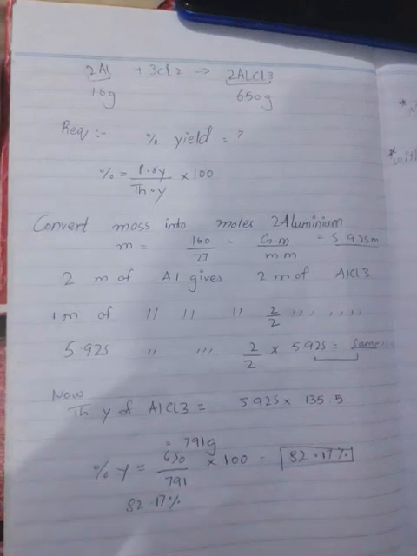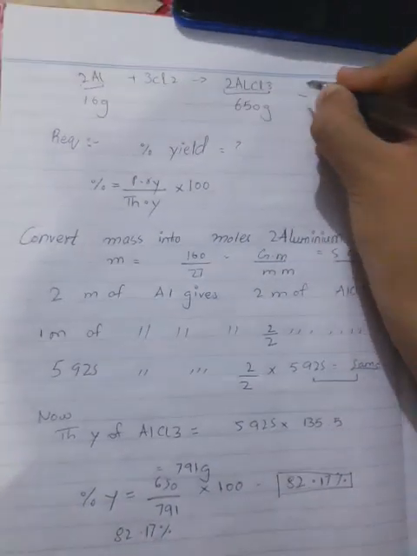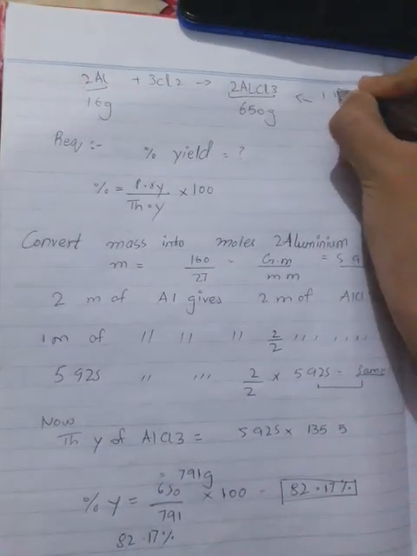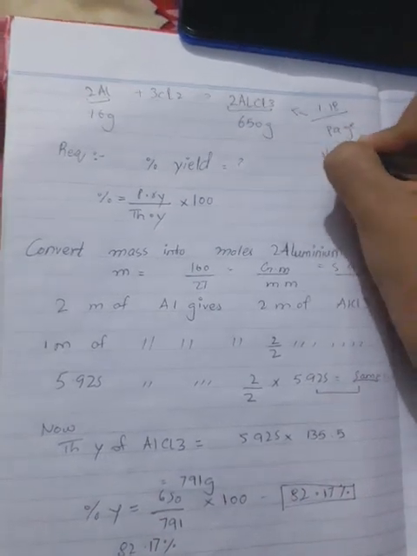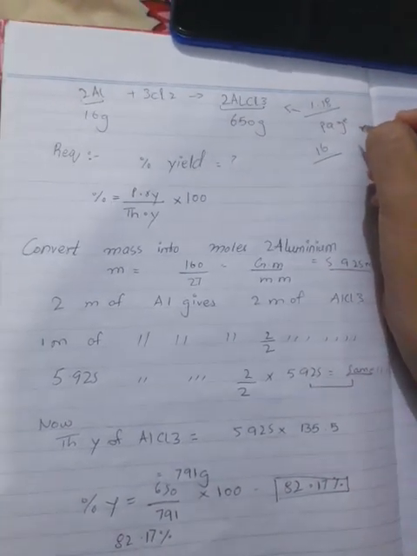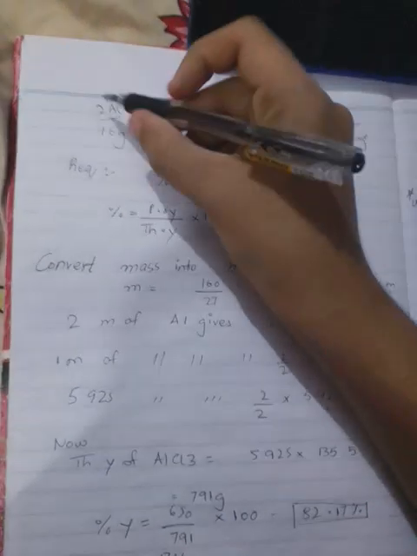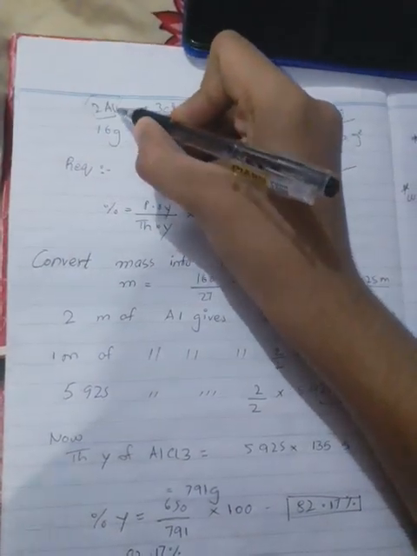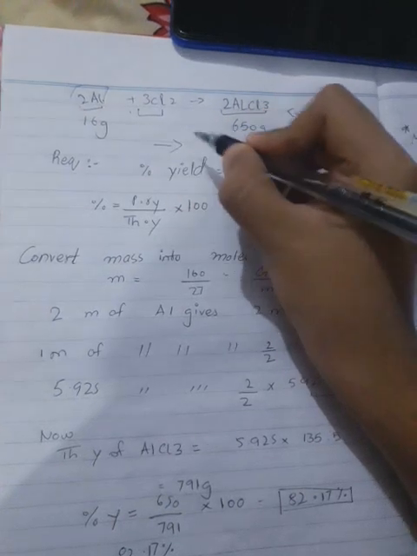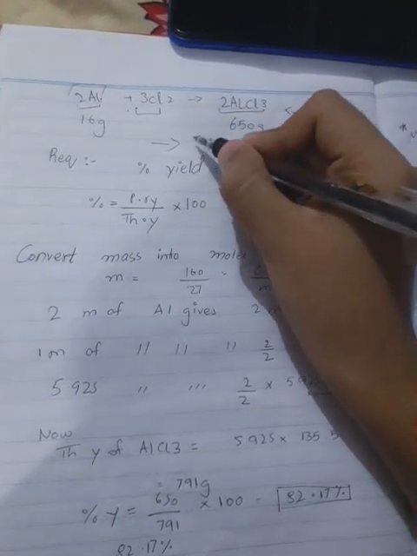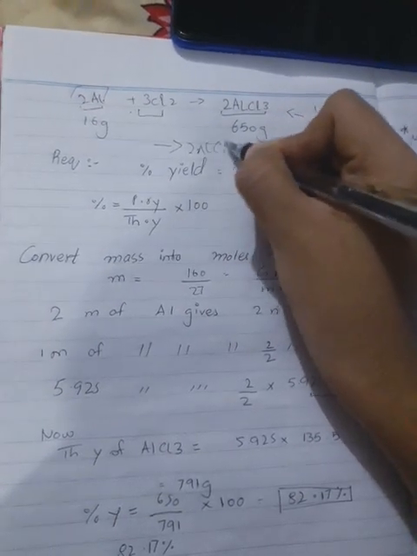Alright guys, now here we are having another chemical equation. This is 1.18, again the same page number 16. You can go through your book and check these equations out. Two aluminum plus 3 chlorine gives us 2 aluminum chloride.